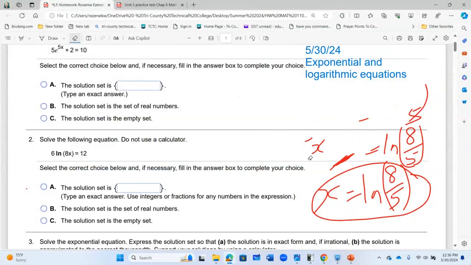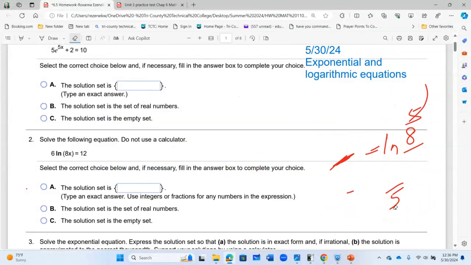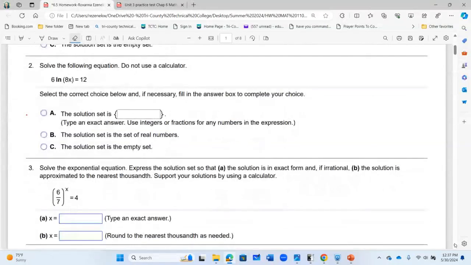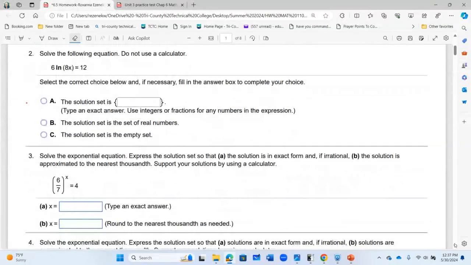So in number 2, we have 6 multiplied by natural log of 8x is equal to 12.